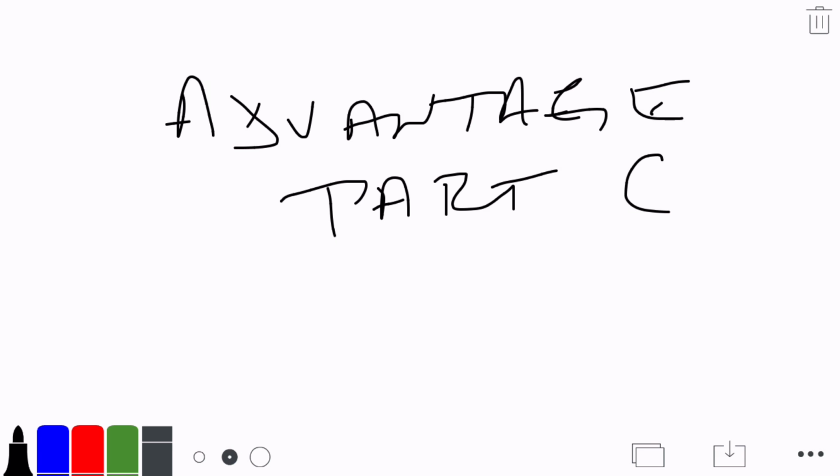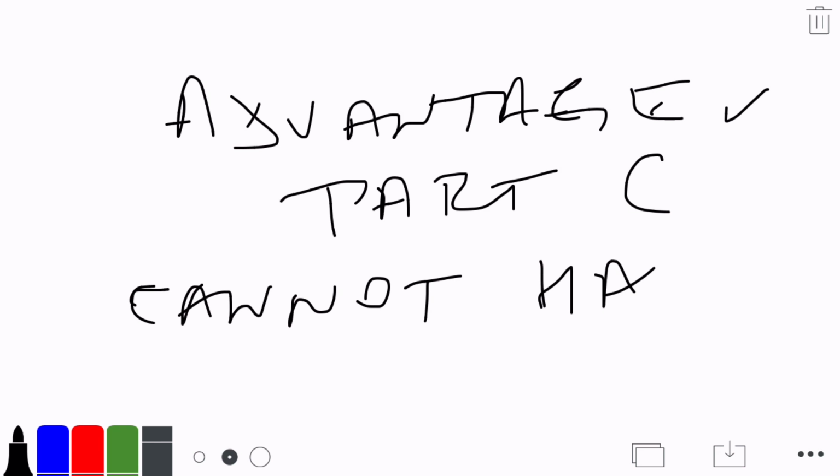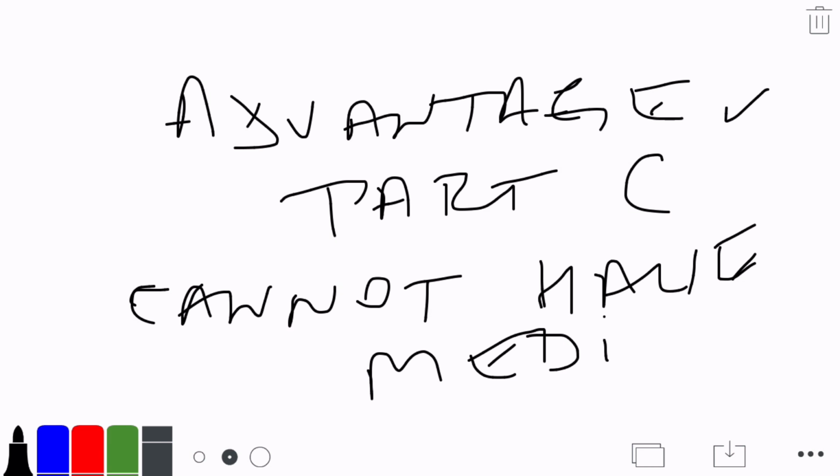Because if you have an Advantage plan, you cannot have a Medigap plan at the same time. You cannot have both at the same time.